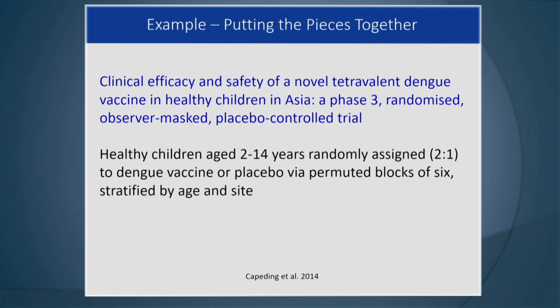In this trial, healthy children aged 2 to 14 years were randomly assigned 2 to 1 to dengue vaccine or placebo. So 2/3 went to the dengue vaccine and 1/3 went to the placebo via permuted blocks of 6, stratified by age and site. So again, this is just to illustrate that this is real stuff. People are using these methods.